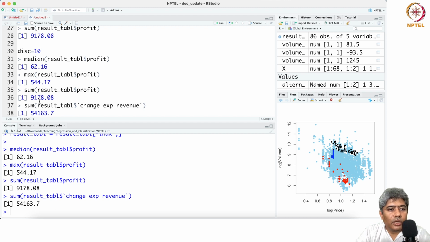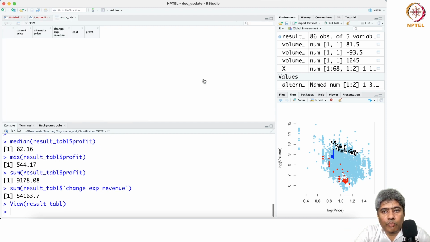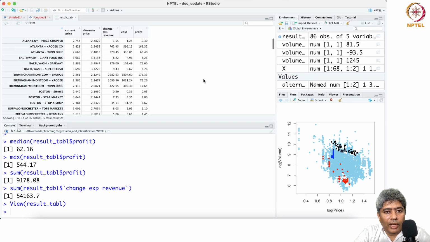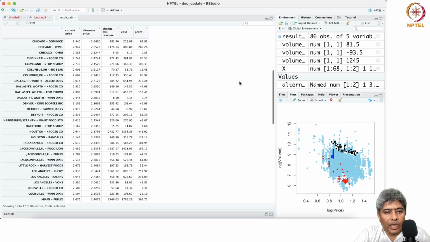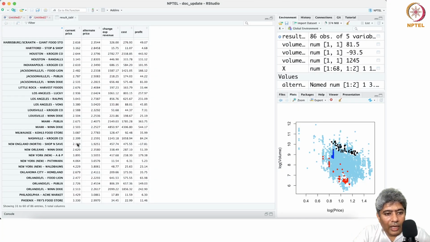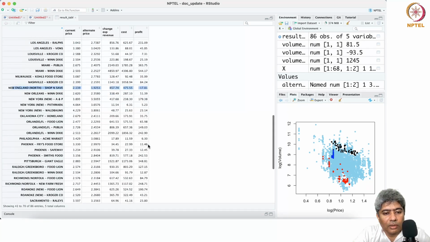Now based on this, at the same time, what people can do is check where overall profit is going up and where the profit is not going up. Where the profit is not going up, like here in this New England North shop-in, if the profit is negative, then they should not give the discount here.